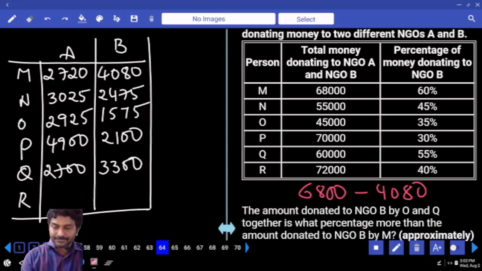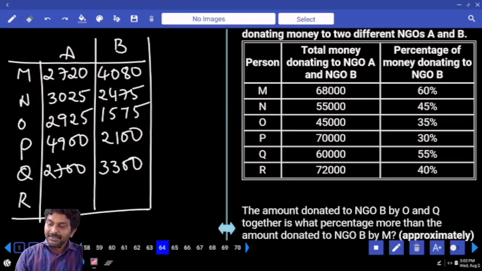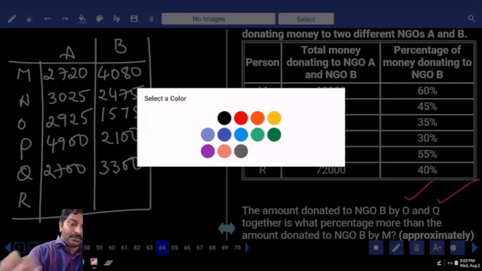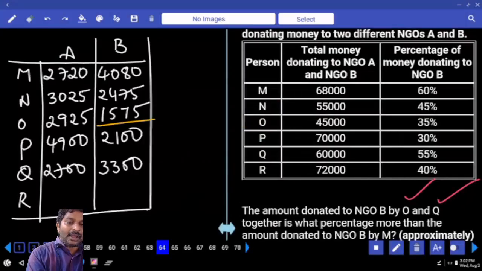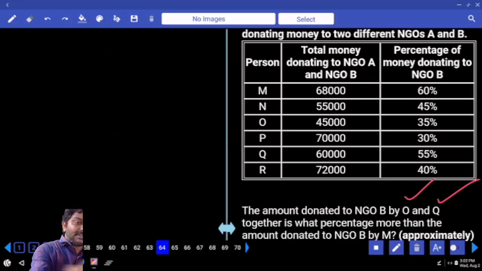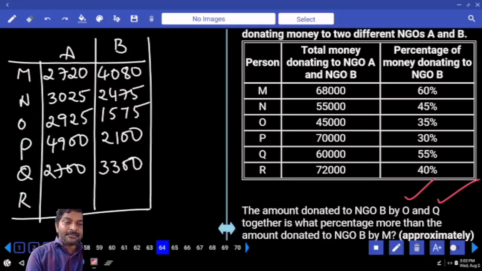Correct. Now see, NGO B, O and Q, sum of both the numbers, 4875. So now the question is, 4875 is what percent more than M, NGO B? 4080.